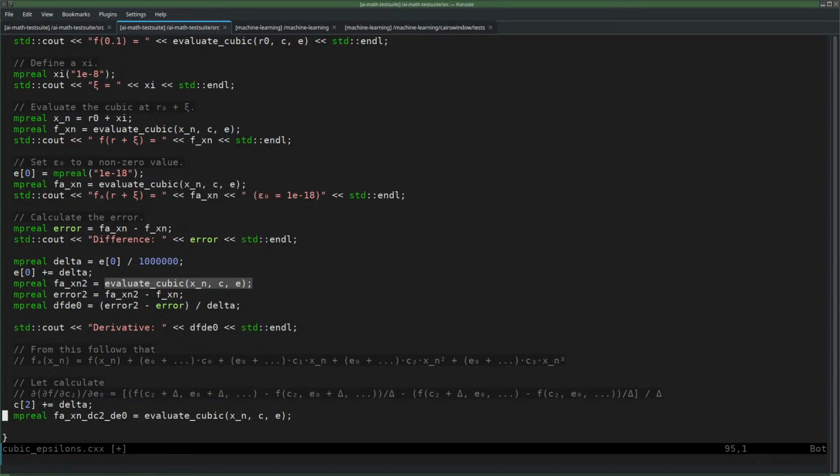Right, so we already had this one, and here we have this one, which I'm going to rename now to xn, the delta E0. So that is this one.